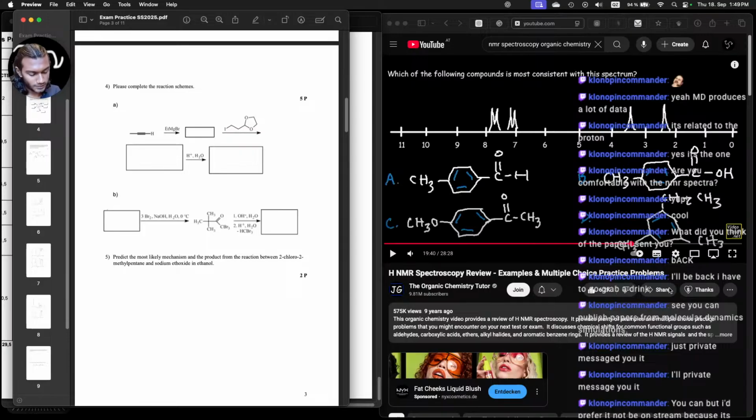And we have a single slit between 2 and 3, a single slit between 3 and 4, and 2 double slits between 8 and 7. So double slit means there's one hydrogen nearby the adjacent carbon.